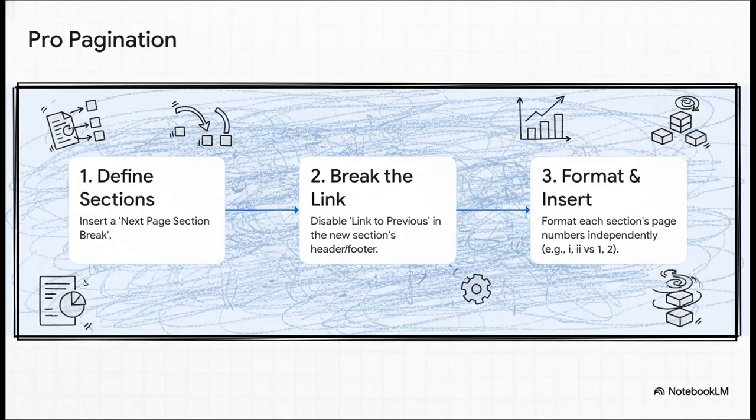And here's how you use them to pull off that classic professional look with different page numbering for your table of contents and the main report. It's a simple 3-step dance. First, pop in a section break. Second, and this is key, you unlink the new section's header from the old one. And third, you just format the page numbers in each section however you want.